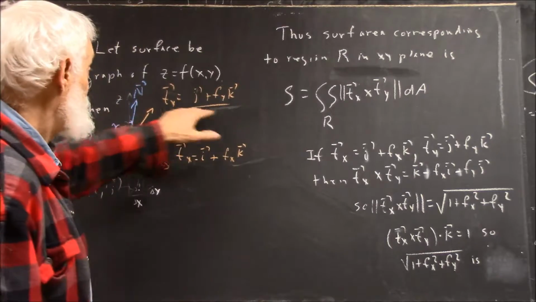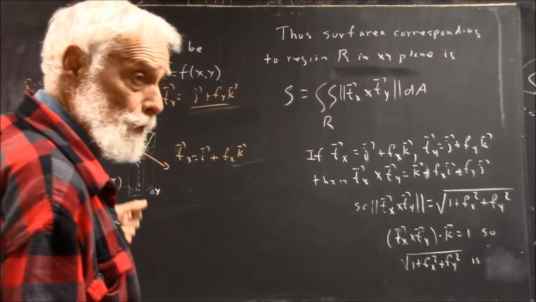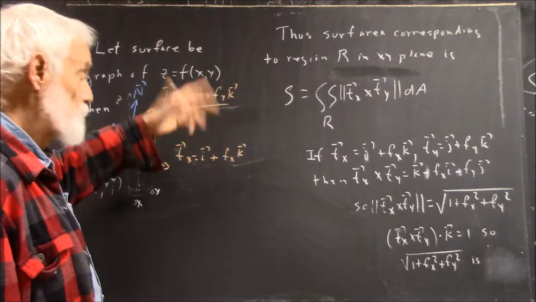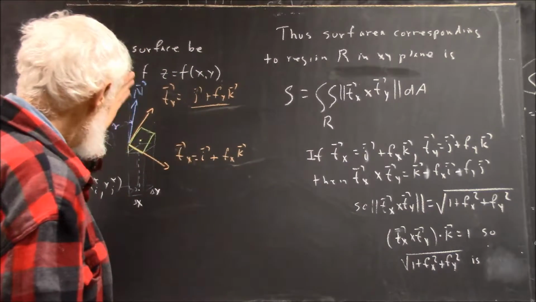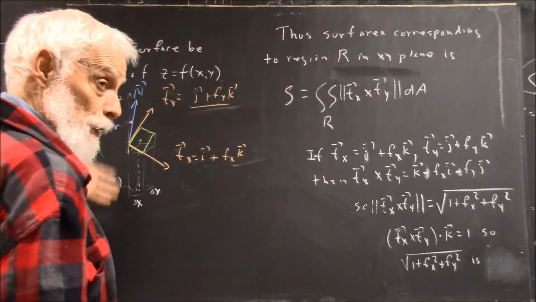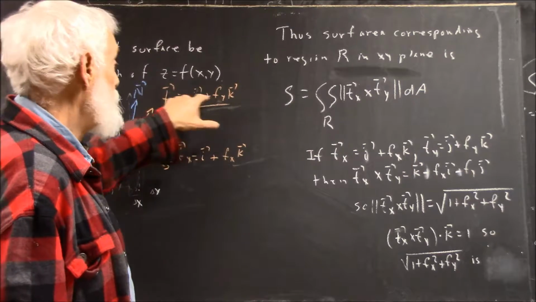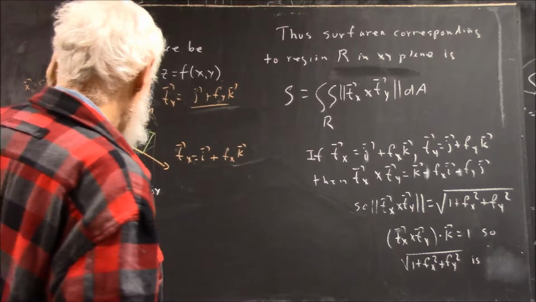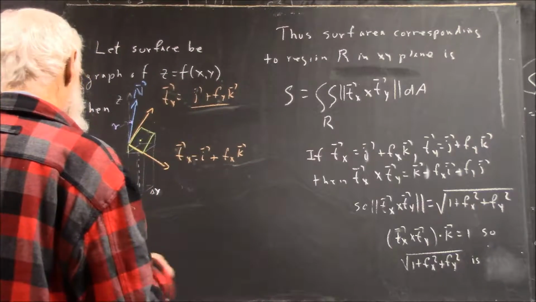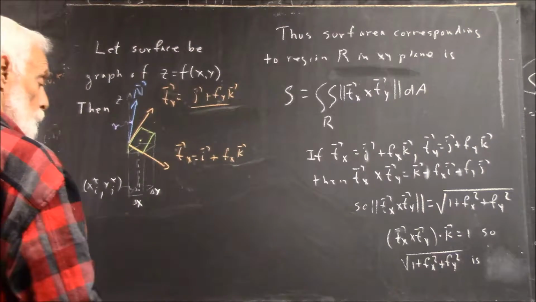And similarly here. This vector, and we saw this maybe 2 months ago, this partial derivative is the slope of this segment in a plane parallel to the yz plane, and the slope is going to be rise over run, which is again fy, so that's correct. Okay, so we have our tx and our ty. So now, tx cross ty.